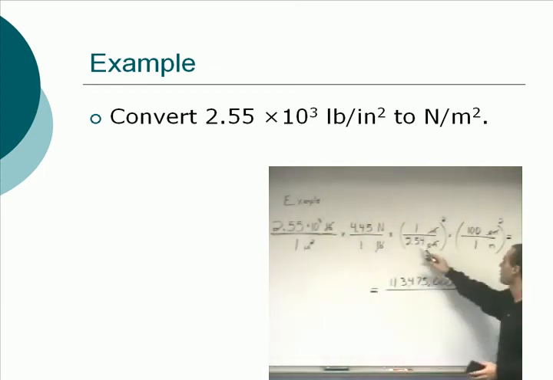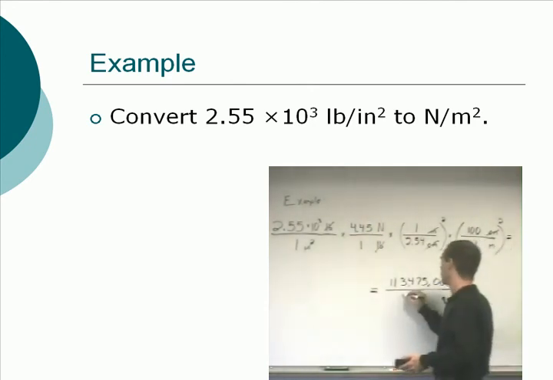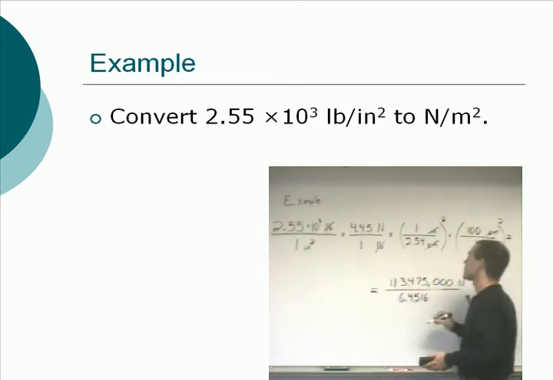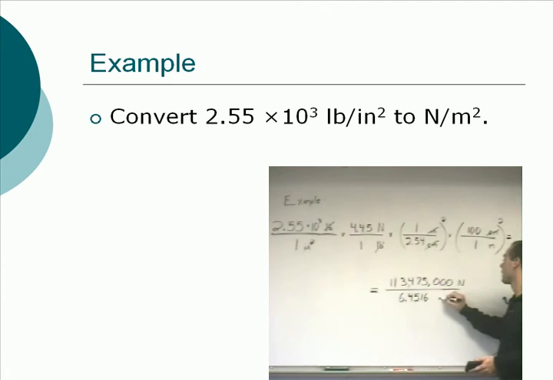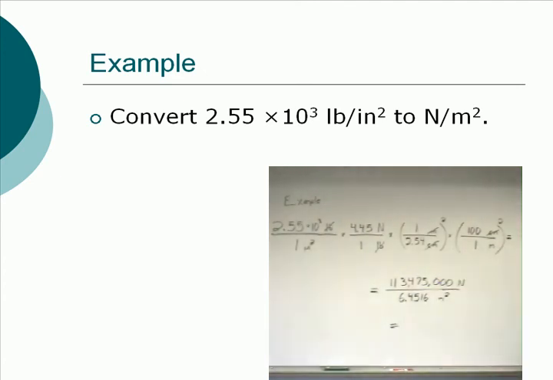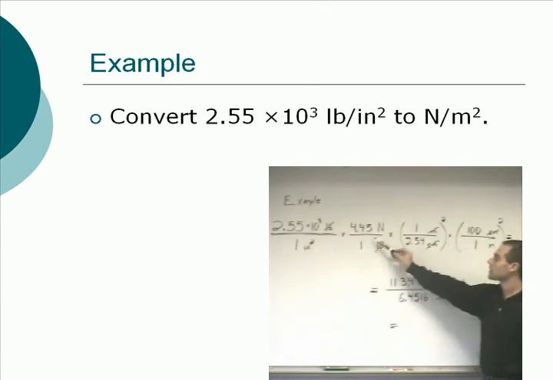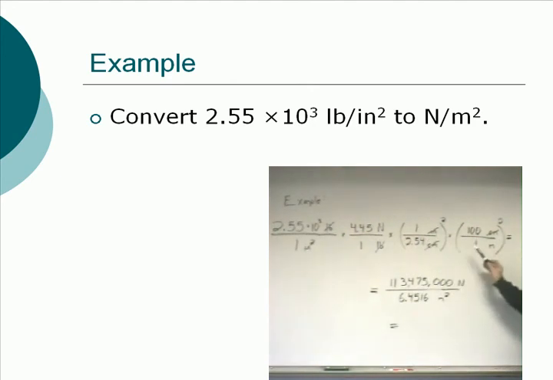1 times 1 times 2.54 squared times 1 squared. That turns out to be 6.4516. And those units down below are meters squared. And now we can divide, keeping how many sig digs? Started out with 3. That's approximate, but it's still 3. That one's exact and this one's exact, so we can keep 3.